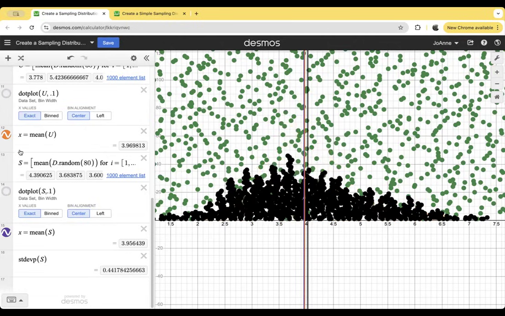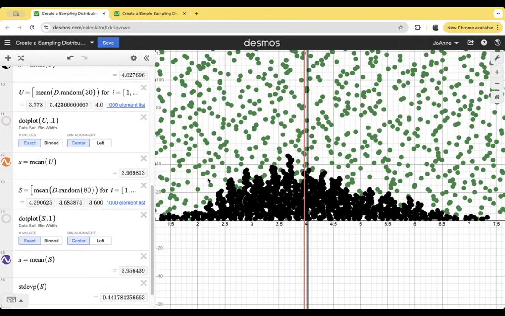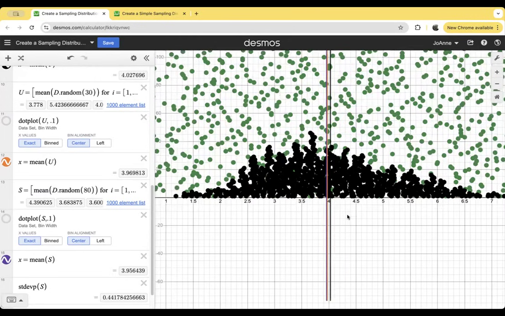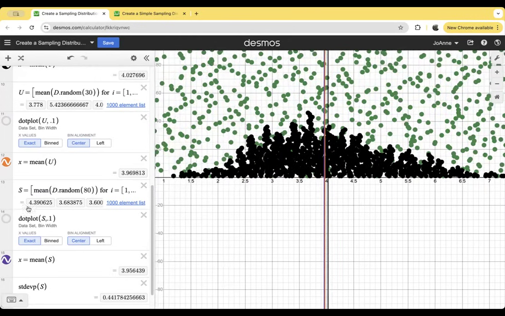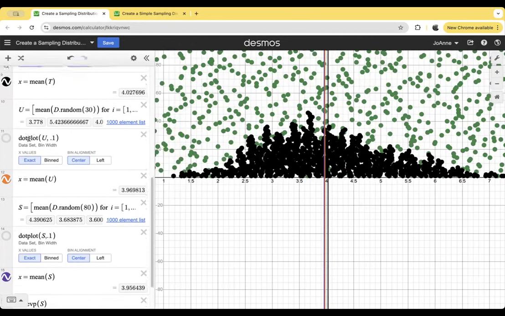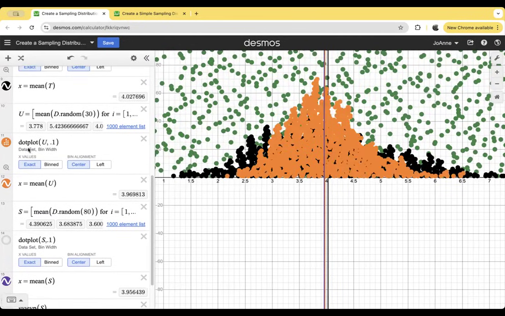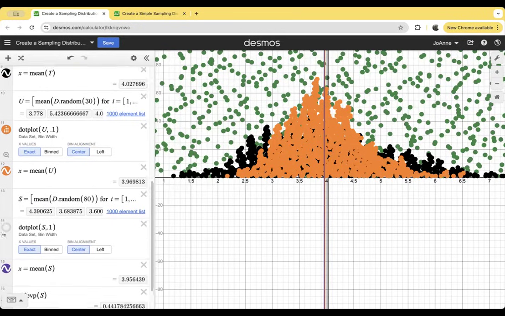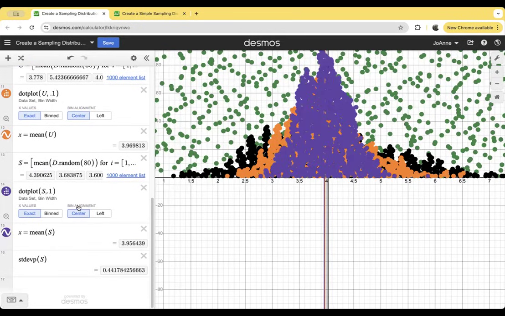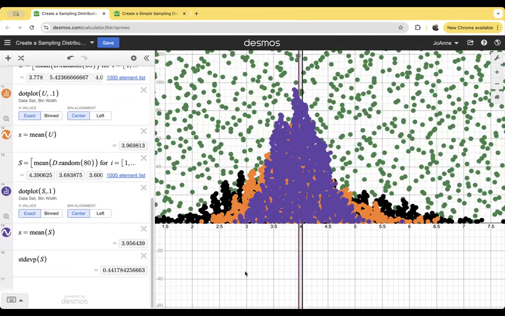The green was the population. The black, samples of size 10, kind of forming a little bit of a bell, but not clear at all. The orange one is definitely more of a bell curve, and the purple one, absolutely more of a bell curve. So we see the shape definitely changing as n grows larger.